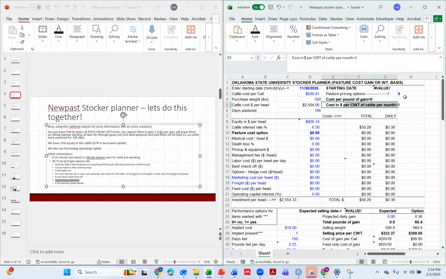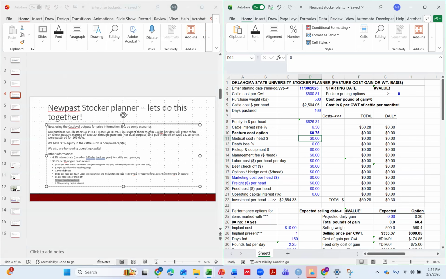If someone was leasing pasture for a cow-calf herd, they may want to do it on a dollars per pound per month basis. But for stocker cattle, for growing cattle, it's mostly done on a per pound of gain basis. So our pasture cost option is 75 cents per pound of gain.